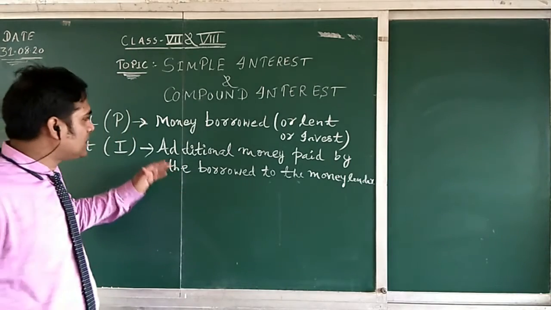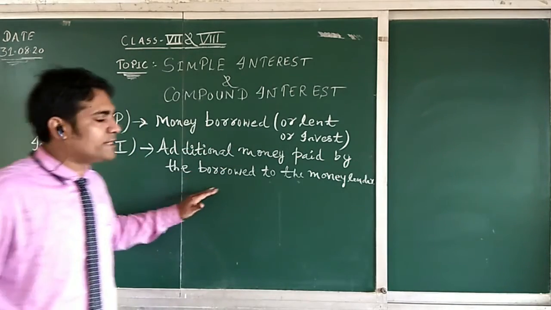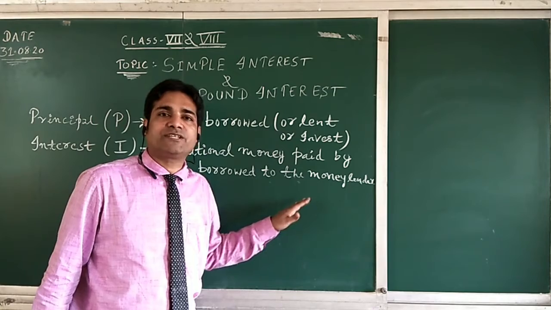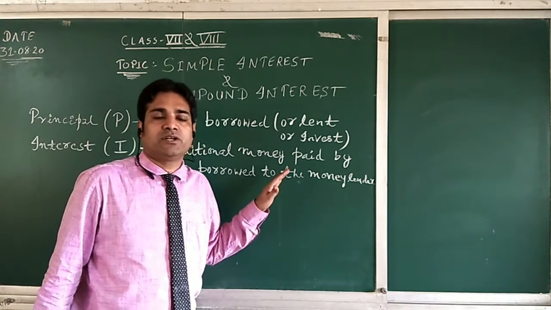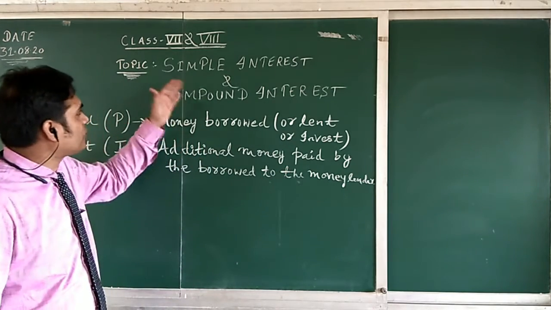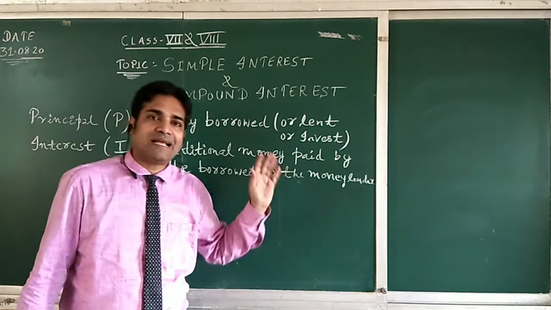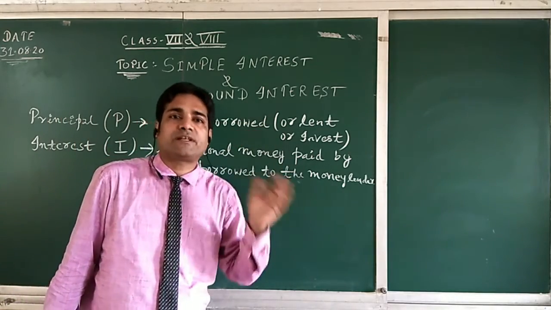It's an additional money paid by the borrower to the money lender. It is known as interest. Now, when we are discussing simple interest and compound interest, interest is charged on different aspects.